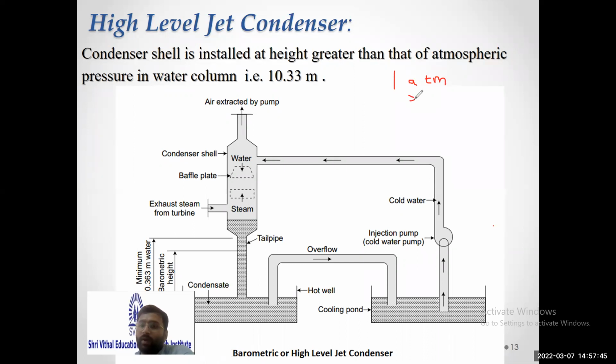In other words, we have other units like gauge of water or gauge of mercury. It is also 760 mm of mercury.